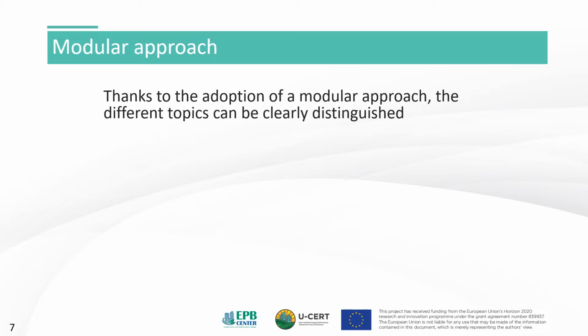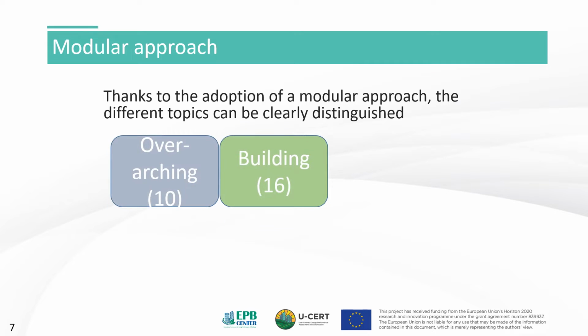The modular approach is an approach that has been adopted from the beginning of the development of the set of standards around 2012, which enables to clearly distinguish the different topics. For instance, you have 10 standards which deal with overarching issues on the overall energy performance.